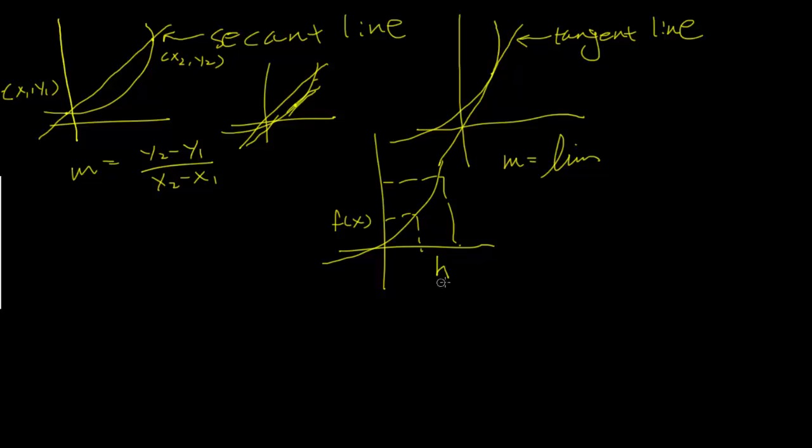Or let's say it's delta x for now, because delta means change in x. So likewise, the x value associated with the delta x would be x plus delta x. That's intuitive.